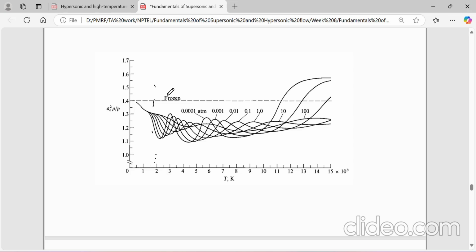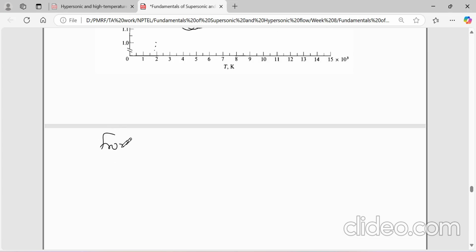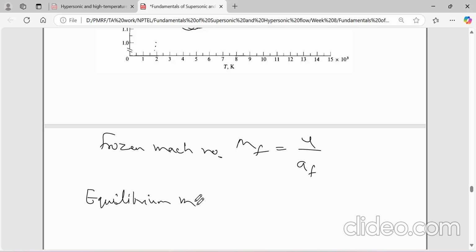So if we use the frozen Mach number, then M F equal to U upon A F, and if we use the equilibrium Mach number, then M E equal to U upon A E. So as this A F and A E are very big difference, so this M F and M E will also be very big difference.